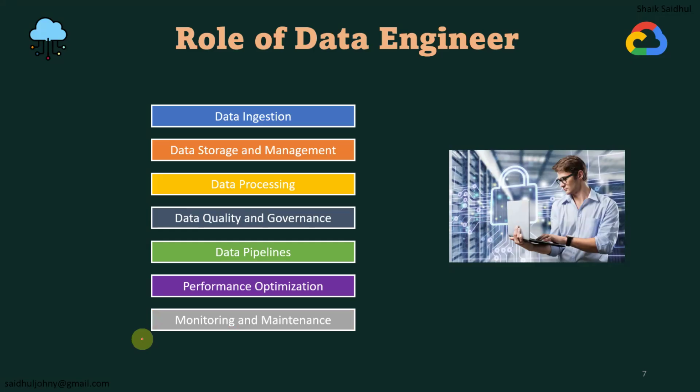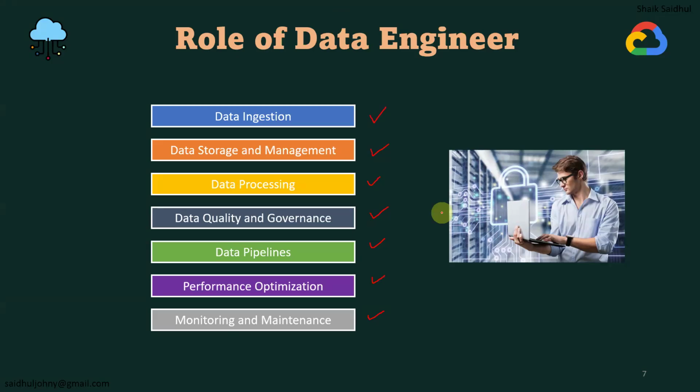All right, so these are the different high level activities of a data engineer on a daily basis. They may be working on any of these activities: storage, processing, quality, pipeline creation, performance optimization, monitoring and maintenance. These steps are all very important.